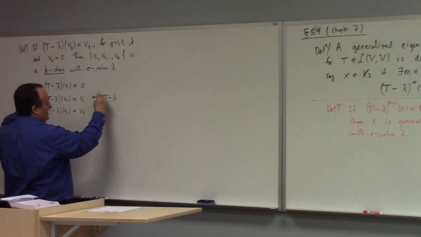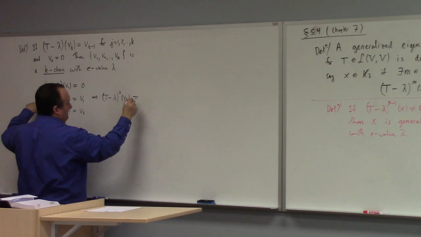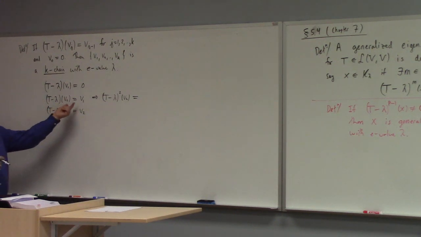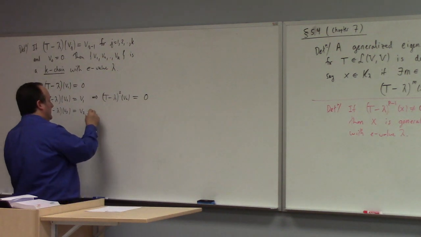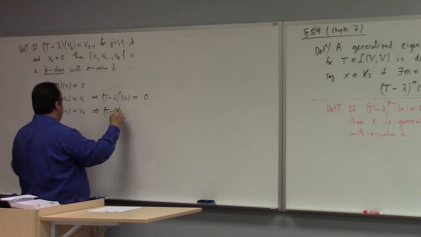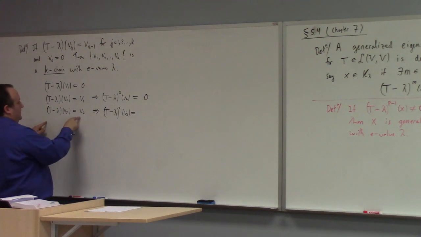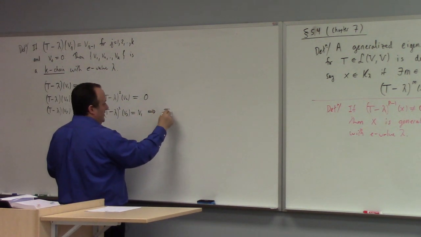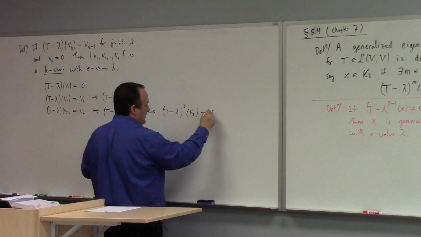T minus lambda acting twice on v2 gives us 0, because that's T minus lambda acting on v1, which is 0. And on the other hand, (T minus lambda) squared acting on v3 is equal to v1. So (T minus lambda) cubed acting on v3 is equal to 0.